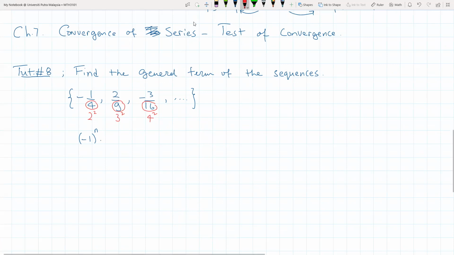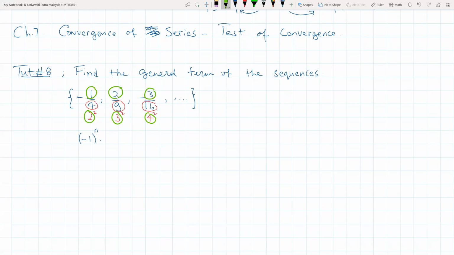Okay, and then you can see the relationship in the numerator: this one is 1, this one is 2, this one is 3 and 4. So it means that the first term is 1, but the denominator is 1 plus 1 becomes 2.